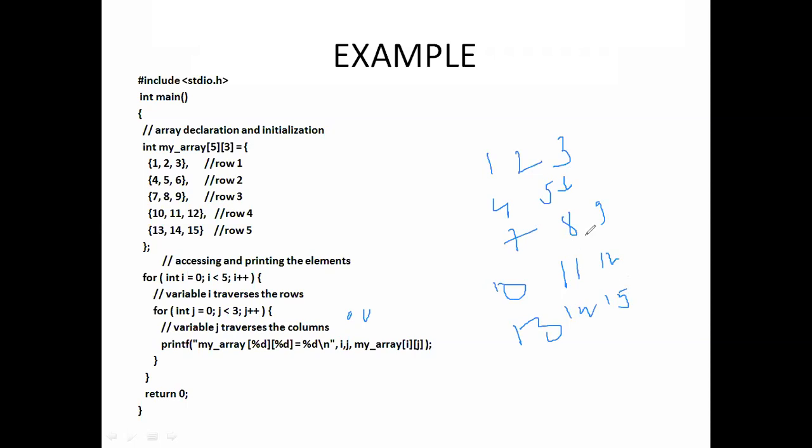So this is the matrix, the output for the given program. a of 0 0 is 1, a of 0 1 is 2, a of 0 2 is 3. For example, this is the 0th row, 1st row, 2nd row, 3rd row, 4th row. So a of 4 0 is 13, a of 4 1 is 14, and a of 4 2 is 15. So in this way, the values will print.